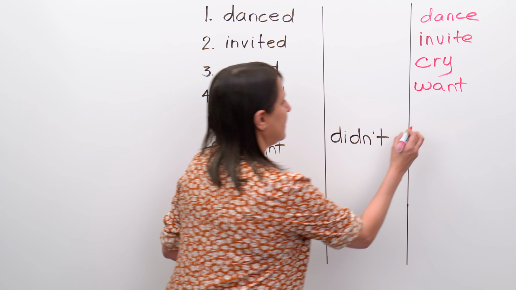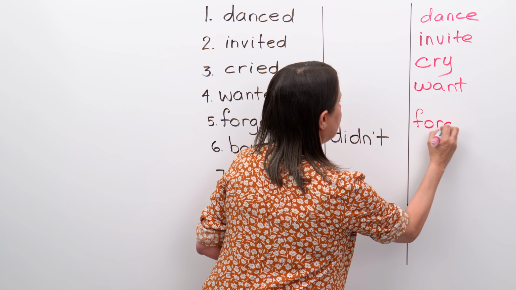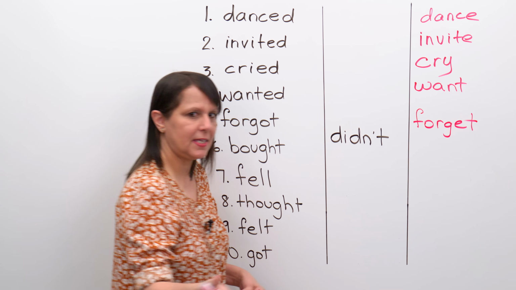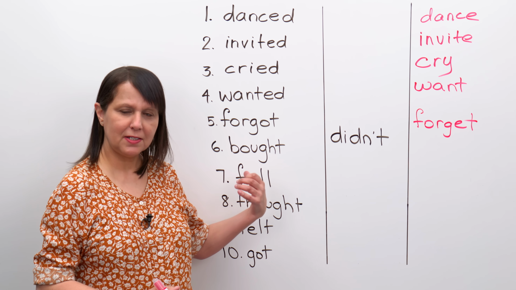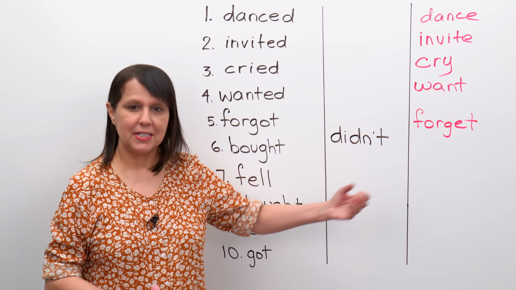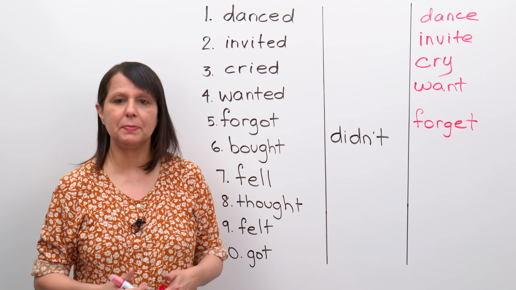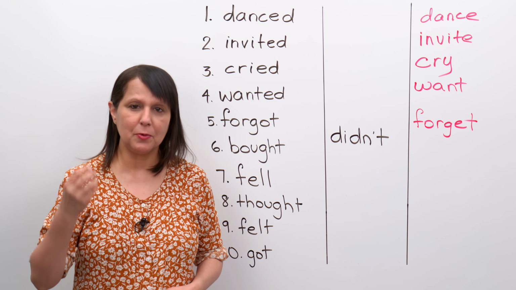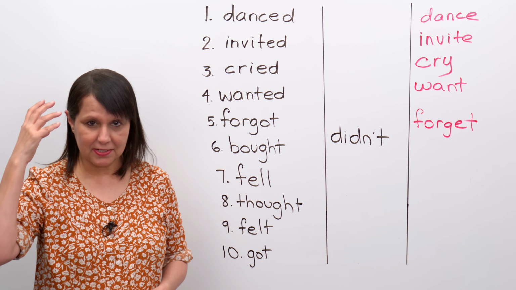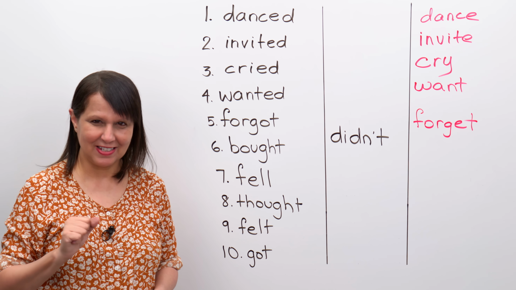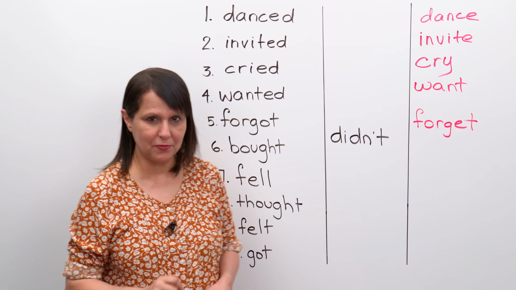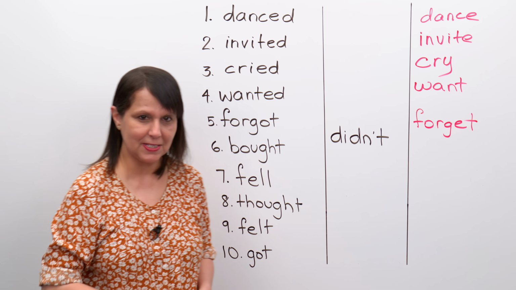We didn't forget. Say it after me. We forgot, we didn't forget. It's very helpful for you to actually repeat them. Repeat it out loud. That way your brain can also hear it and not just see it and understand it. Okay? It's very helpful. And also for pronunciation purposes.